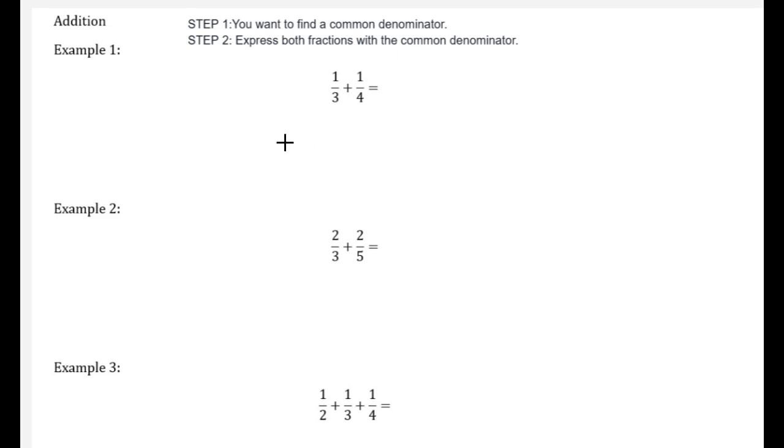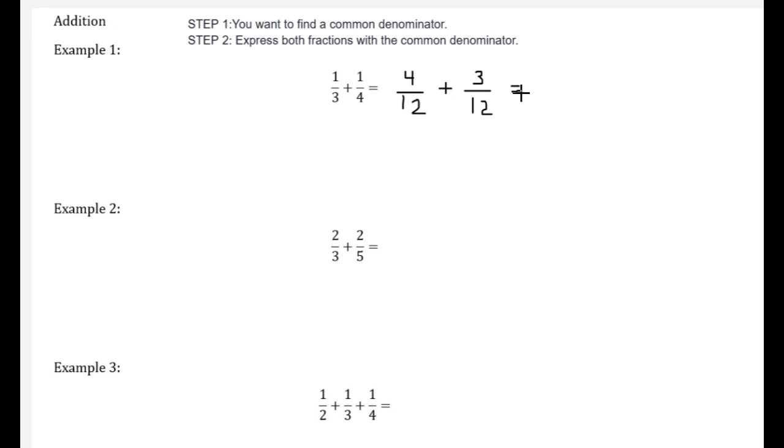In order to get that common denominator of 12, we have to multiply top and bottom by 4. So 1/3 becomes 4/12. In a similar manner, we want to make the denominator of 1/4 equal to 12, so we multiply top and bottom by 3. So 1/4 becomes 3/12.